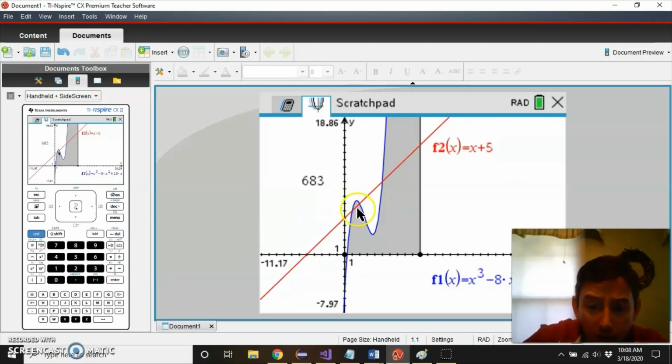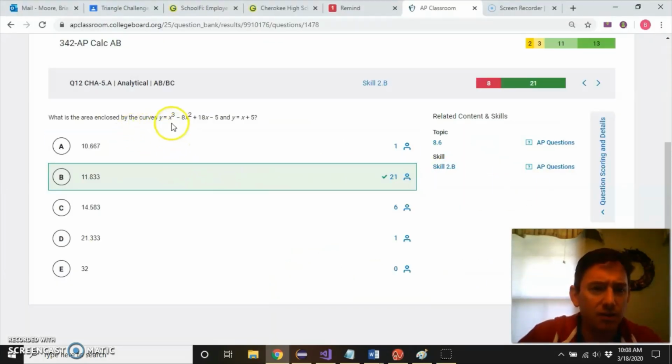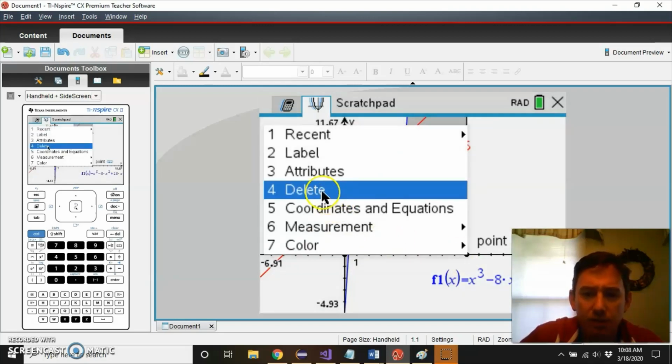Okay, this is weird. I'm assuming this little tiny bubble is the only actual enclosed region. It didn't mention either of the axes. So I'm going with just that little tiny bubble right there. Just get rid of this stuff.